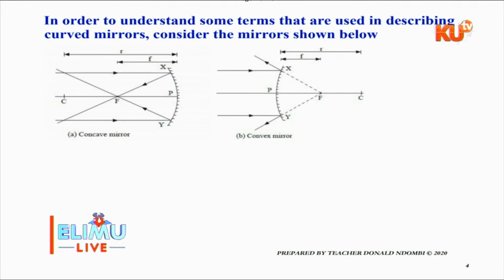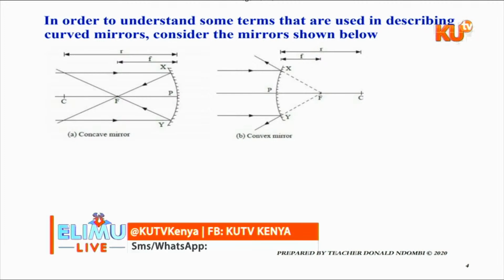You can copy this or take a screenshot or a photo of your screen. Then we'll be referring to them every time we are defining. Like when I say C, you need to go back to your diagram and see what C was for a concave mirror and for a convex mirror.